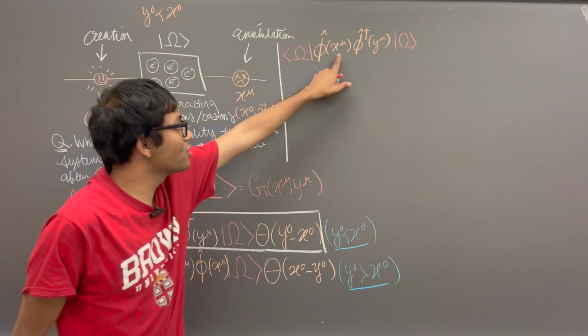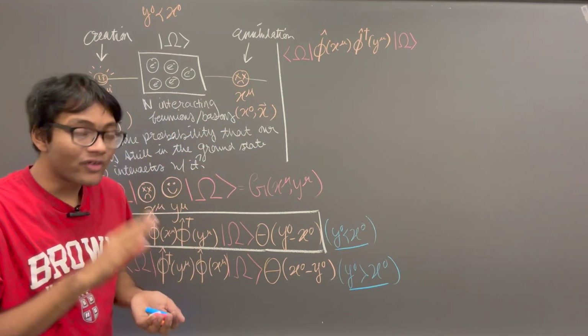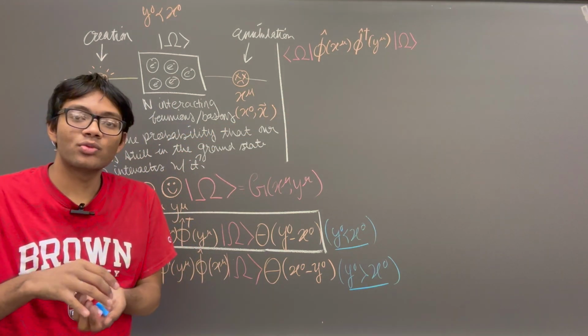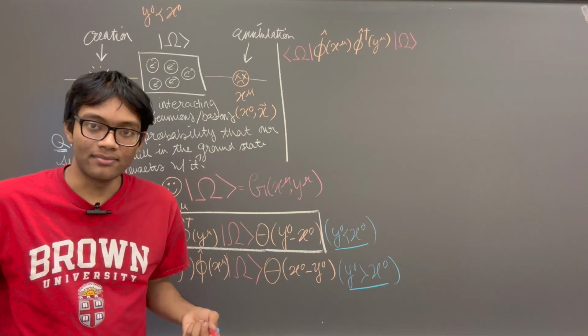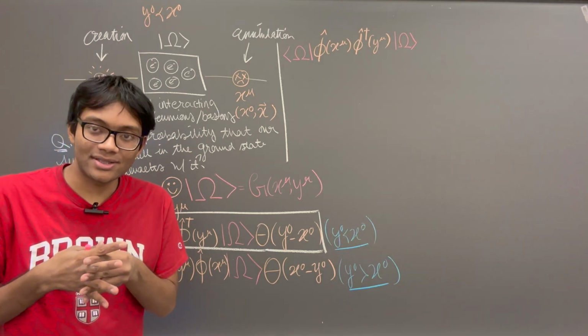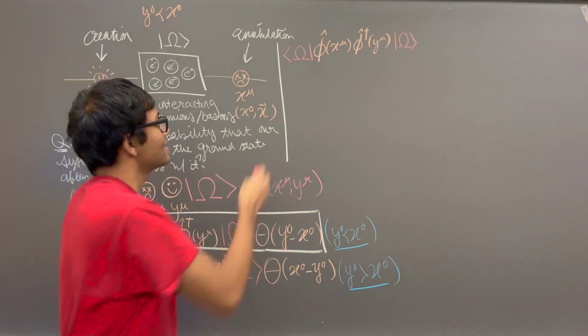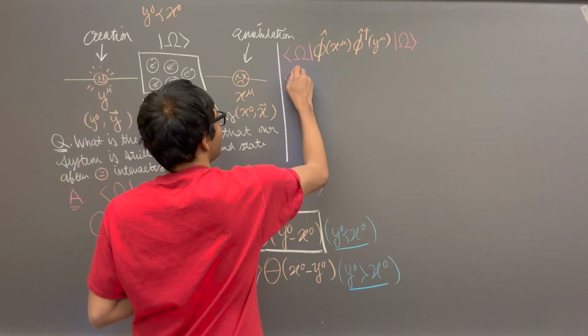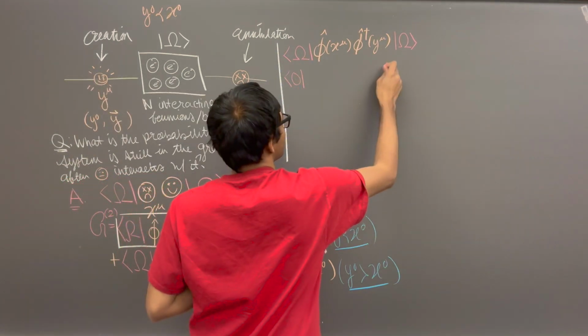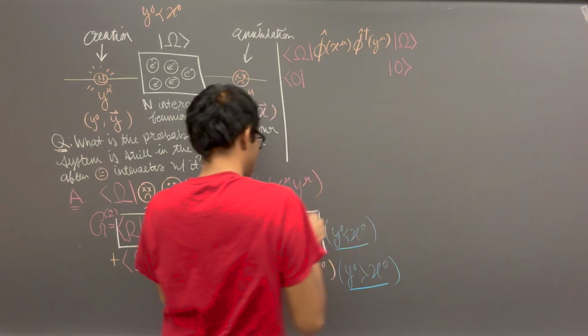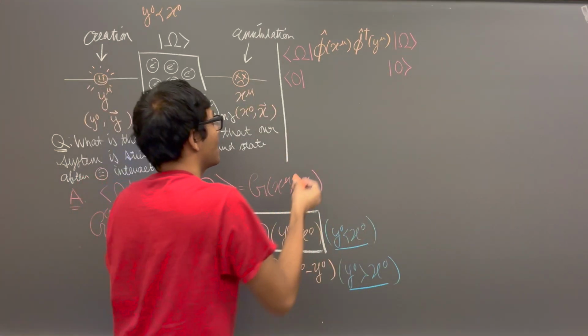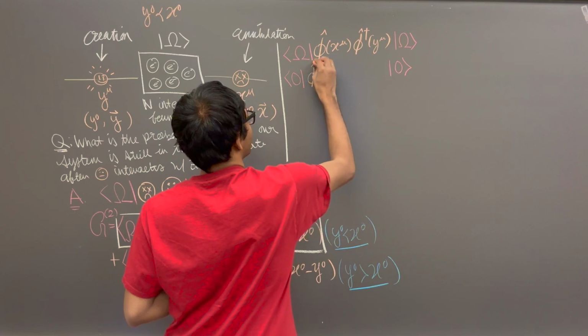Now look at this for a second. First, let's consider the case where we have a non-interacting system, where all the particles just pass through each other. In that case, this ground state will actually be the vacuum, just the vacuum state, ket 0. Let me now put these things back.